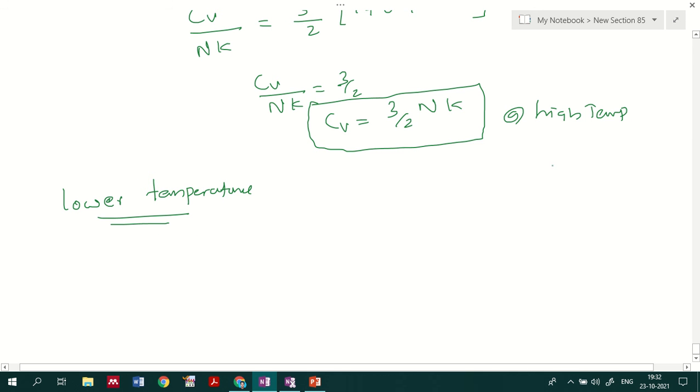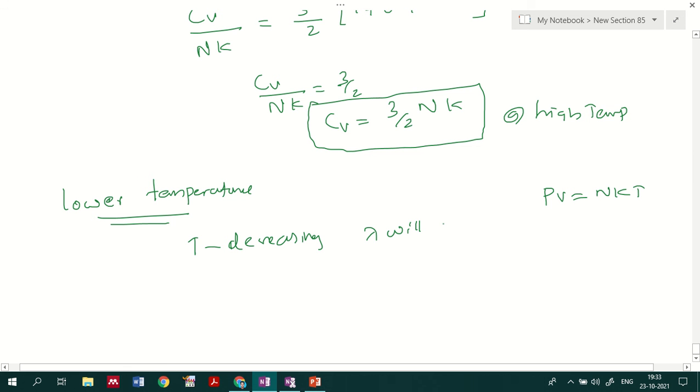We also know that the ideal equation was PV equal to NkT, which we have seen many times in the above discussion. So here we'll see what the case is at low temperature. As the temperature decreases, what is the change for the lambda value? If the temperature is decreasing, then lambda will increase.